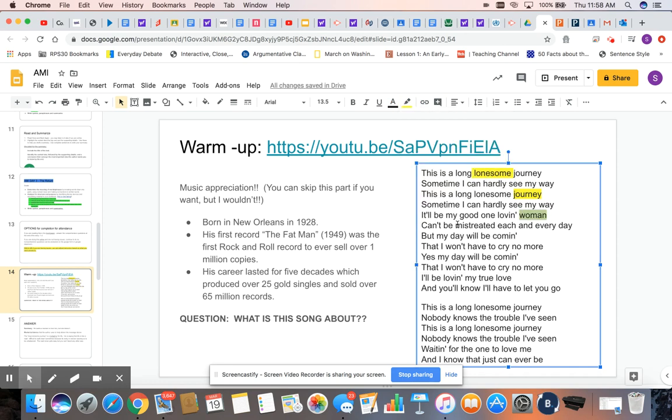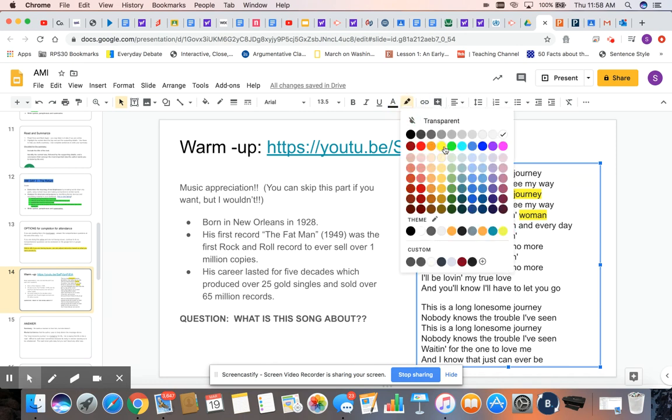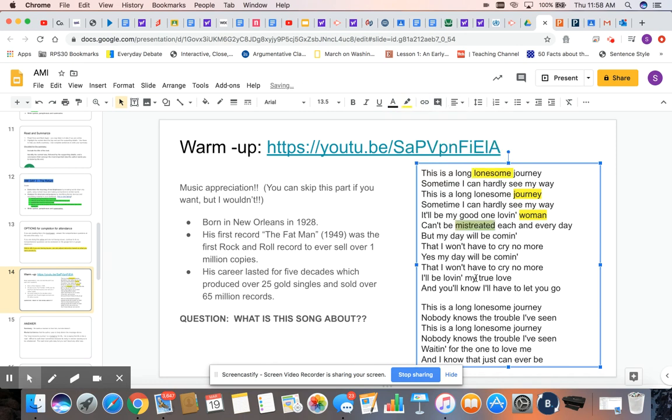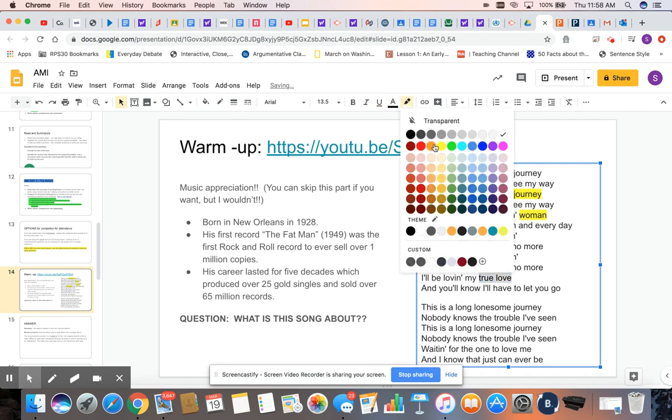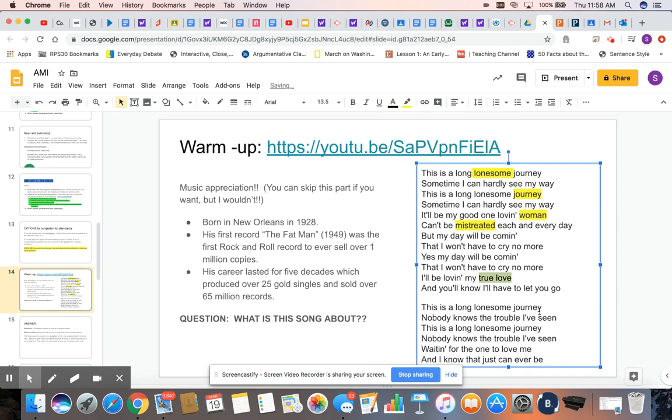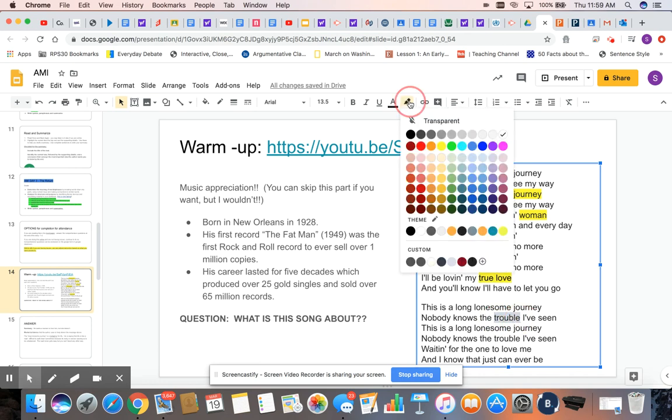So, this word mistreated makes this sound like he's being very sad. His true love. So this indicates a lot of emotion, especially strong emotion. So he really loves her a lot. Trouble makes us think that things aren't going as expected.